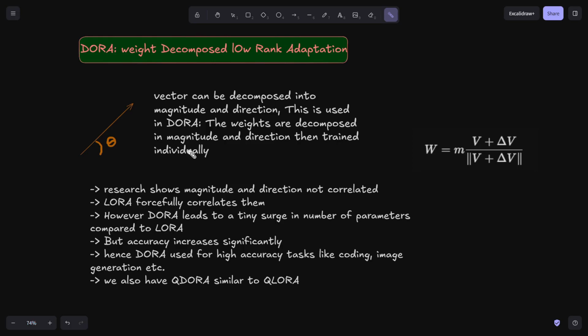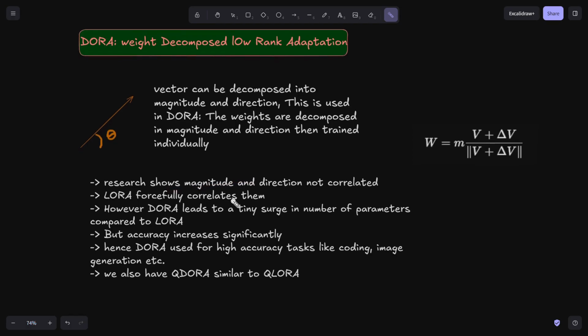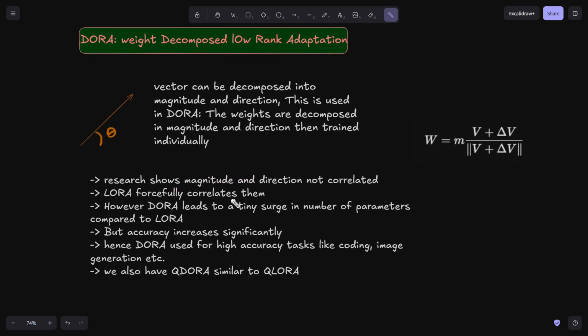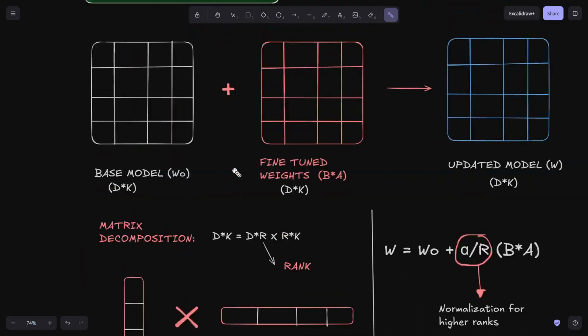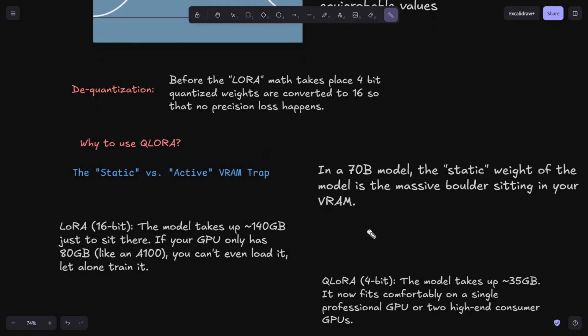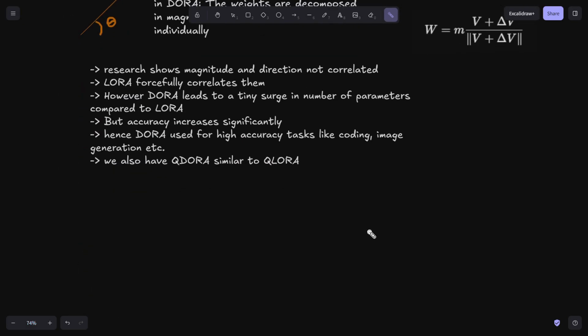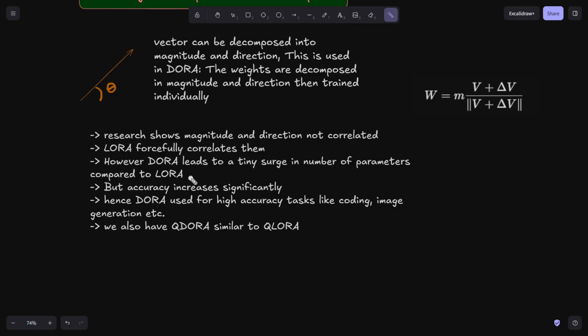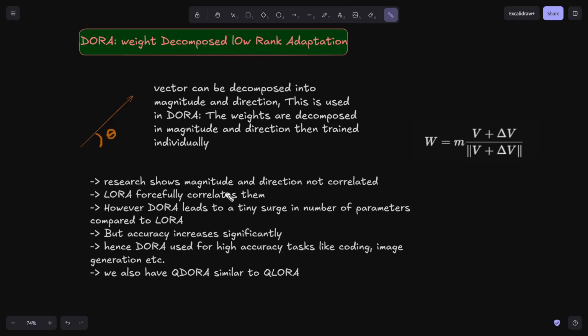Some research in the DoRA paper has shown that magnitude and direction are not correlated. But in LoRA, they are forcefully correlated, because we are not decomposing them, right? We are just using it as it is to add weights and then get our fine-tuned model. So what DoRA does is decompose it into magnitude and direction and then train them individually.